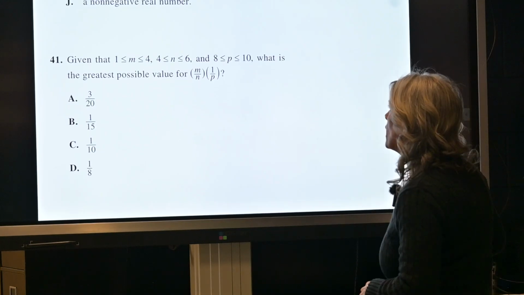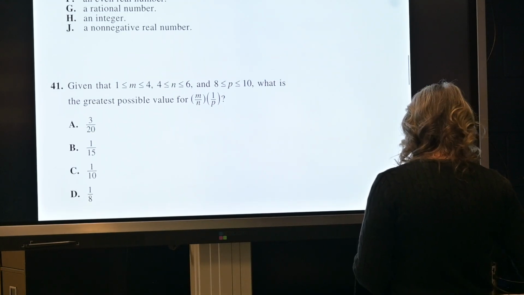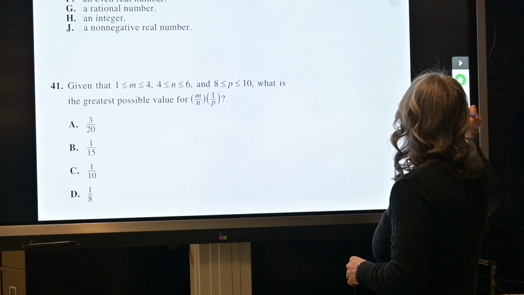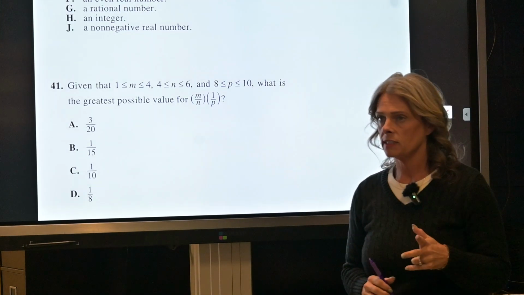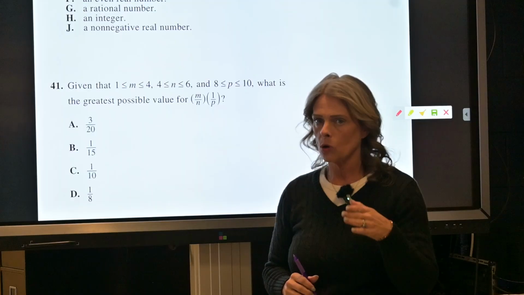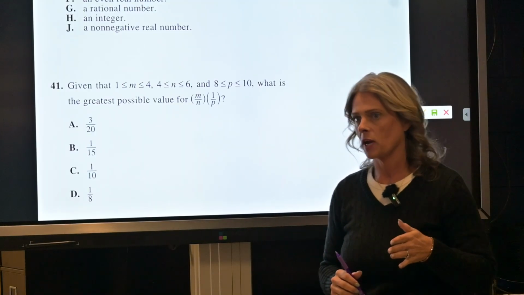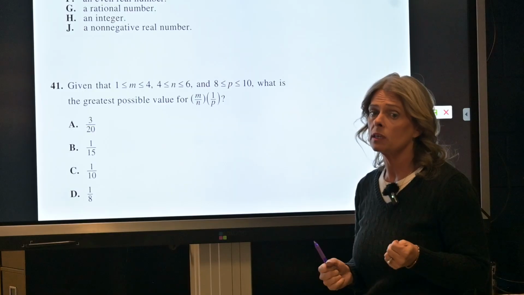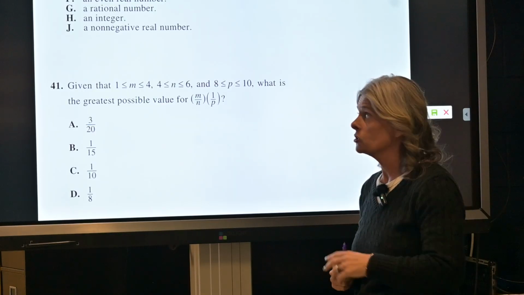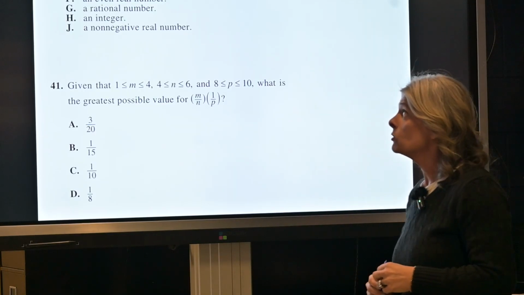All right, let's talk about 40 and then 41. Okay. So on the ACT, you guys, there can be multiple correct answers, okay? So number 40, several of these can be correct. Hey, y'all, make sure you're paying attention, okay? So several of these can be correct.